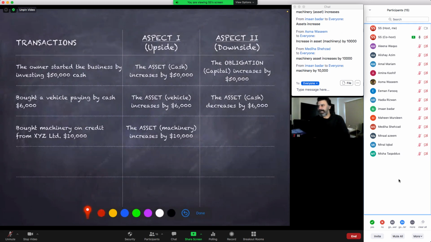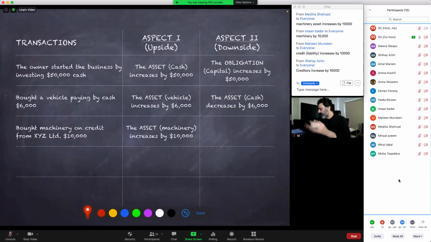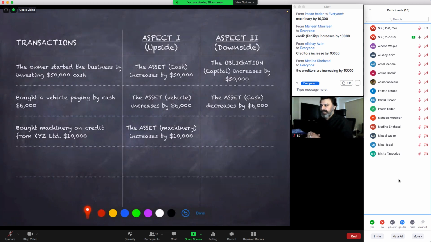And what's the downside here? What's the darker side here? If we have achieved something, there must be a catch to it. And the catch in this case is, Alicia says, your creditors are increasing by $10,000. Madiha says creditors are increasing $10,000. Yes, I agree.